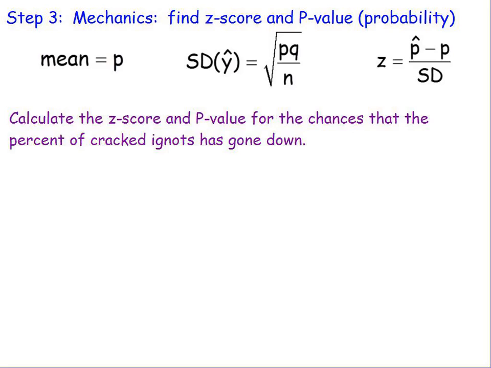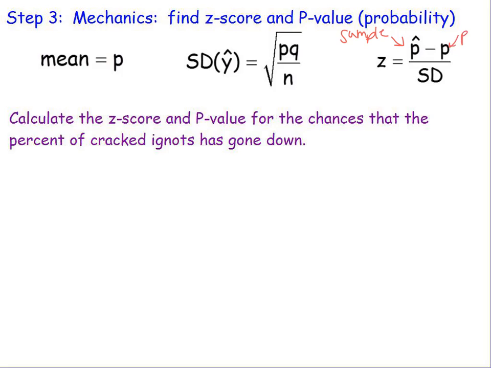What's the standard deviation? The standard deviation is always the square root of p times q divided by n. Once you have those two, you can go on to your z-score. Remember, this is your new p hat, that was from the sample.